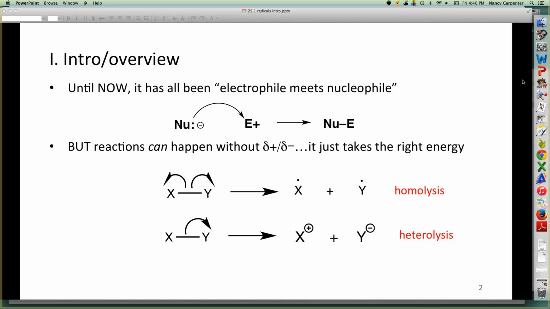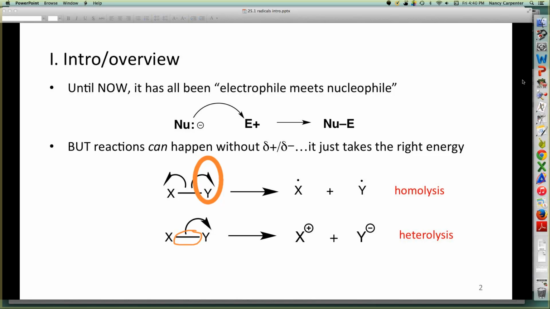One thing to point out here is that there is now a new arrow on the block. When we're talking about two electrons moving, as in the bottom example, we use our typical old double-headed arrow.